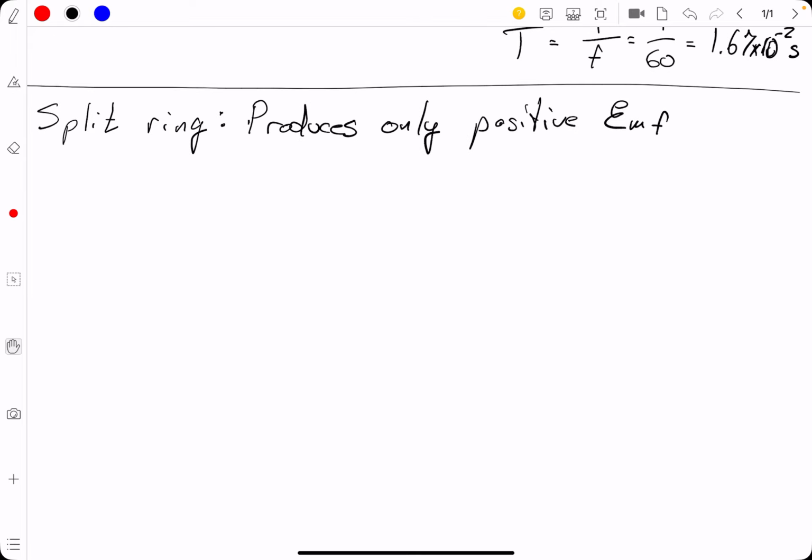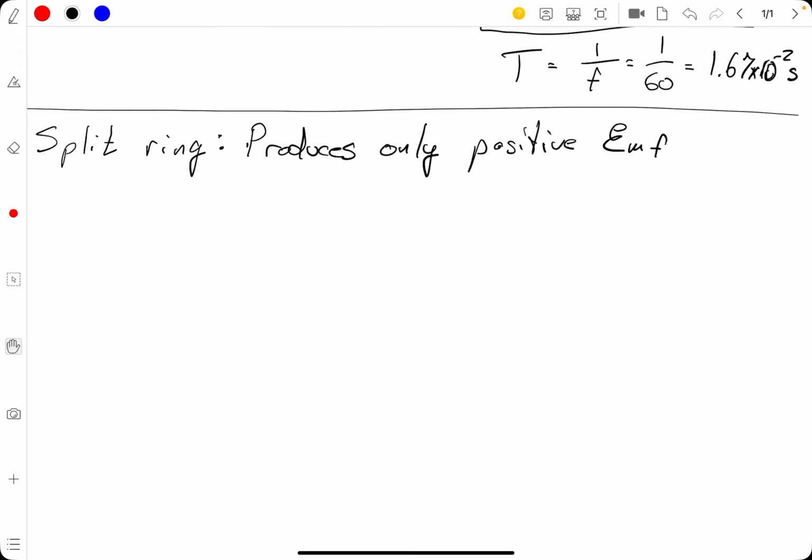I'll try and draw a little version of it right here. And then we have a brush. I'm going to give up trying to draw eyelashes on the brush. Imagine that that's a circle.